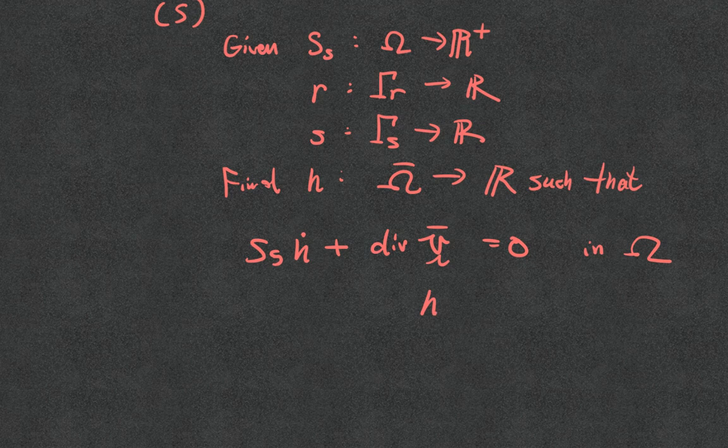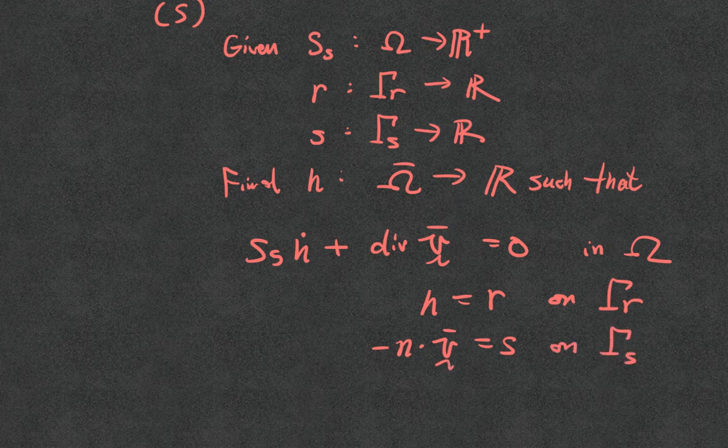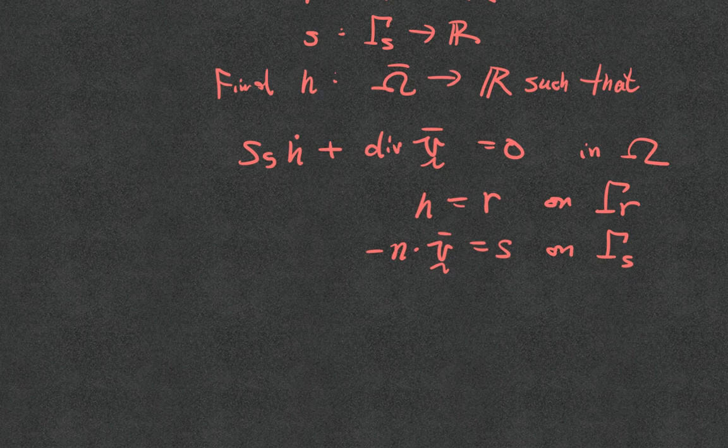So h is equal to the prescribed values on the essential boundary conditions, and n dot v is equal to s, where v is the Darcy velocity, on the natural boundary conditions. n is the normal vector. So when you prescribe a boundary condition, it is related to the normal vector, not the tangential vector.